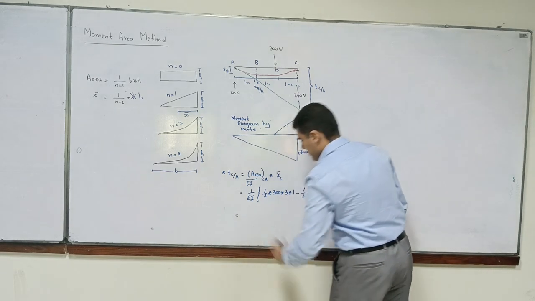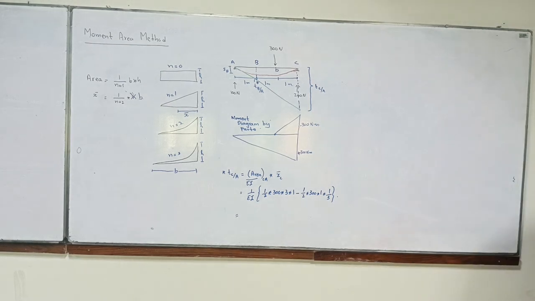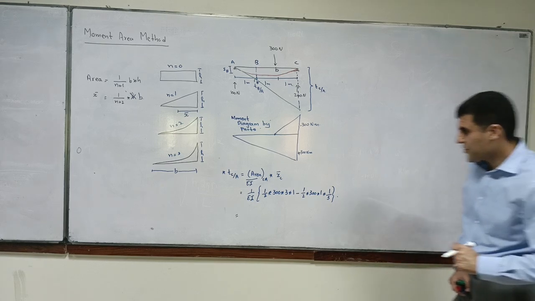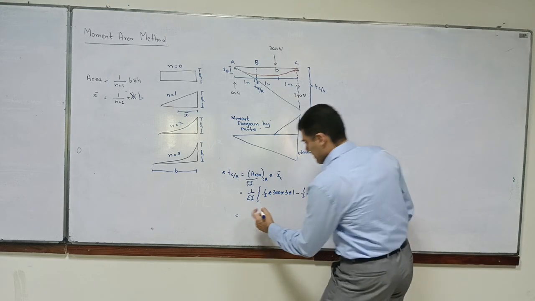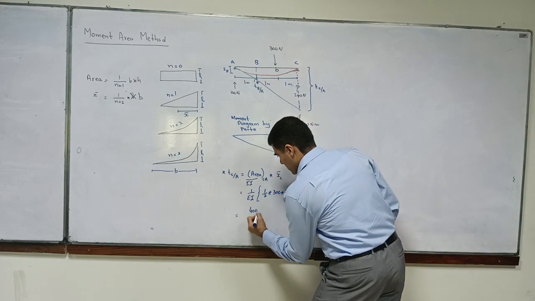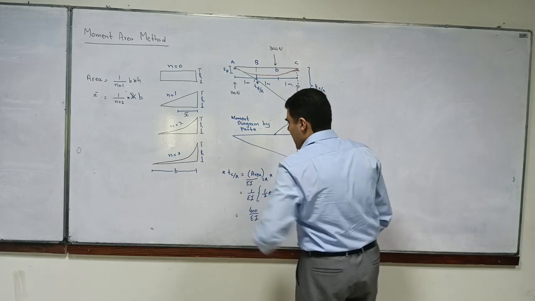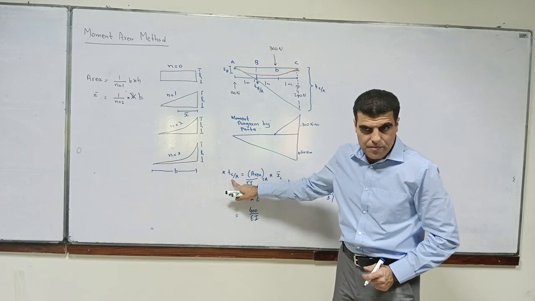How much is this? 400. That is our TC by A. Okay?